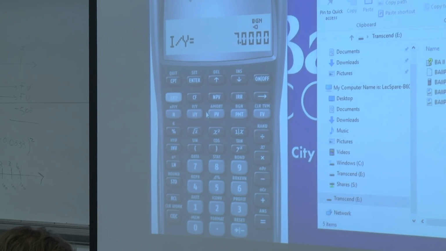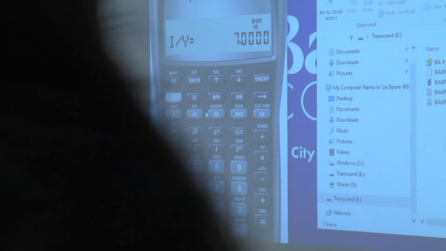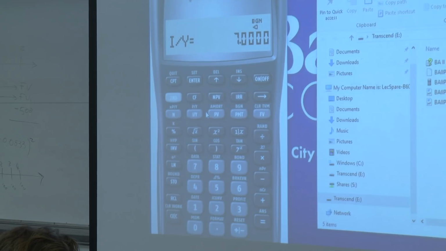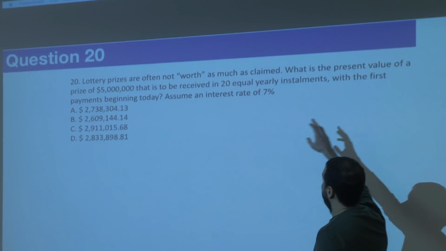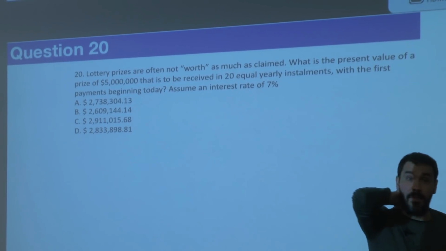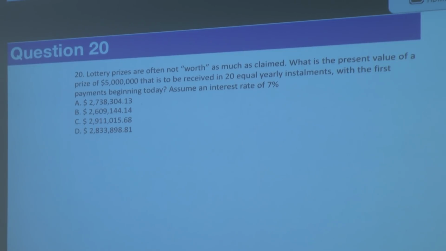Question: if the present value is 5 million, why do we need to calculate anything? It's asking, what is the present value of a prize of $5 million? Oh, because it's distributed over 20. So 5 million is the future value? Nope. Divide the 5 million by 20 and that's your payment. Let's read it again. You have a prize of 5 million that will be paid out in 20 equal yearly installments.